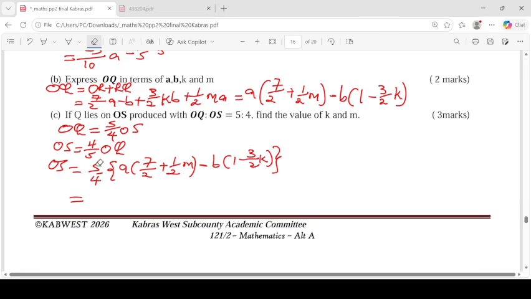Let me have it here, over 5. So this is a into 28 over 10 plus 4 over 10 m, minus b into that.